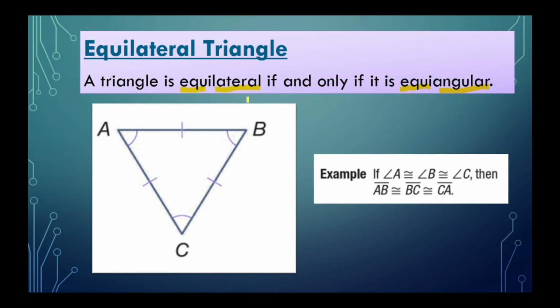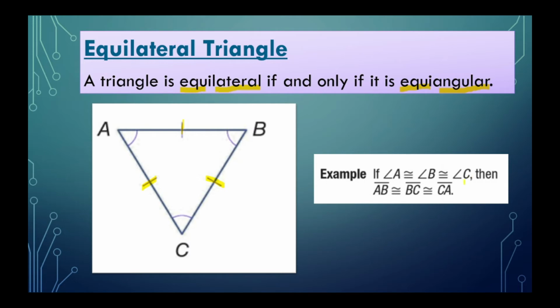So, what does it mean? Kung ang triangle daw ay equilateral or equal lahat ng side, then automatic na equal din ang lahat ng angle. So, in this given triangle ABC, side AB is congruent to side BC and congruent to side AC. Therefore, we can say that angle A is congruent to angle B and congruent to angle C.